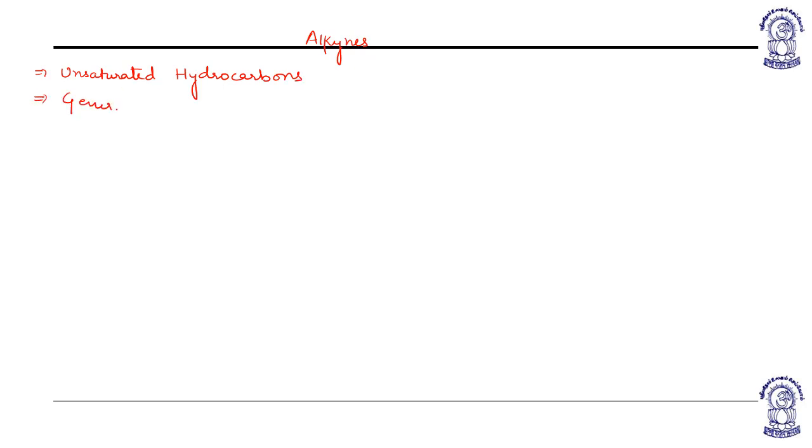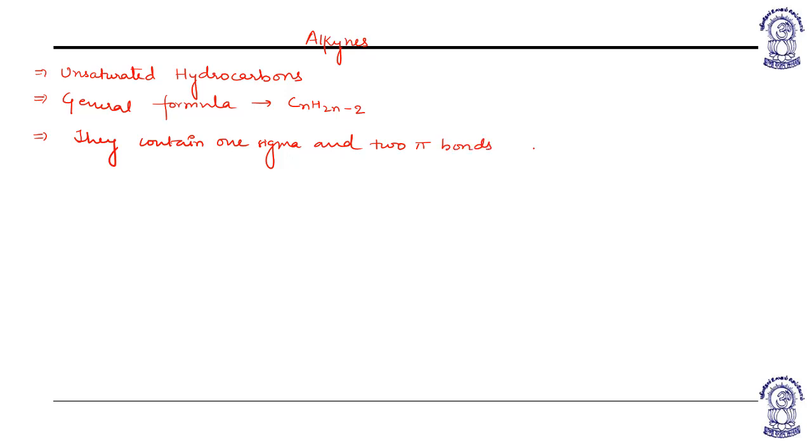The general formula for alkynes is CnH2n minus 2. They contain 1 sigma and 2 pi bonds, as carbon is basically attached to a triple bond.